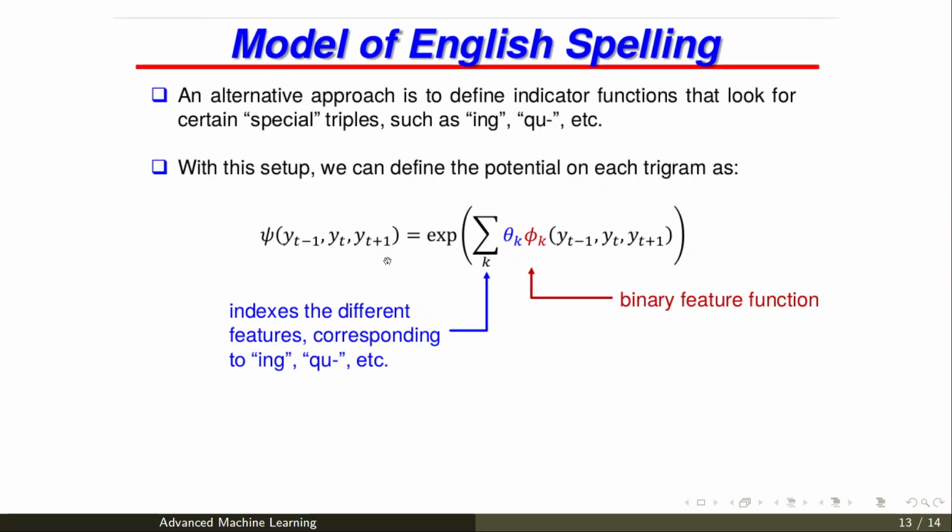So you look at triples here. Theta k is the corresponding parameter. The feature functions are binary and can take the value 0 or 1. So this way you can identify certain words.